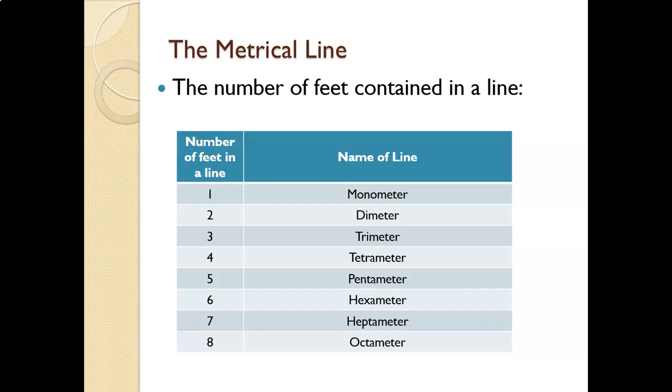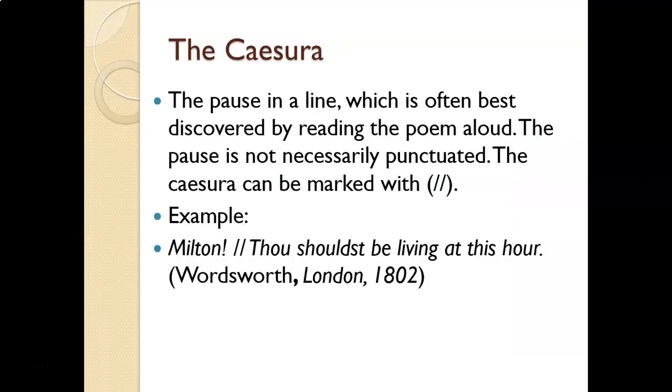Or in other words, let me correct myself: the first one, monometer, has 1 foot, the second one, dimeter, has 2 feet, the third one, which is trimeter, has 3 feet. The tetrameter line is a line that has 4 feet. Let's take the example of some of them here.